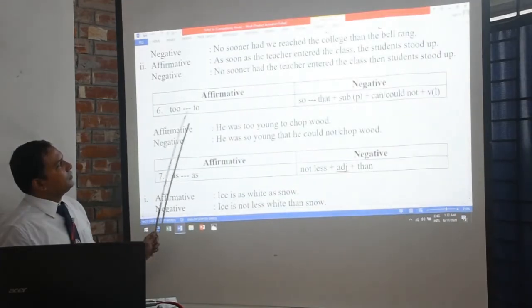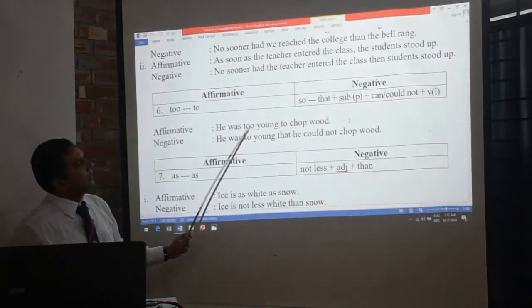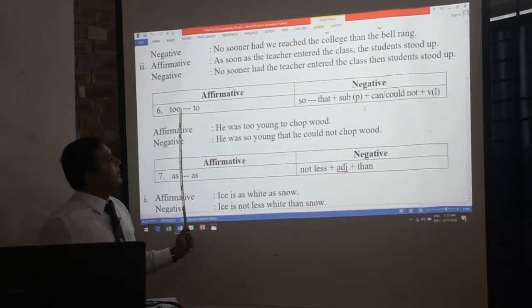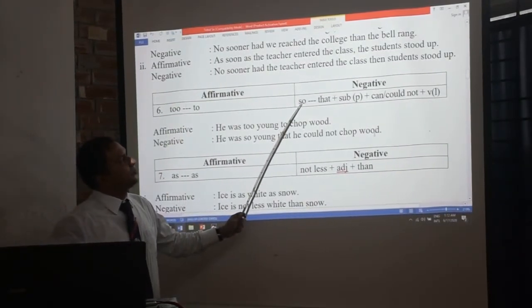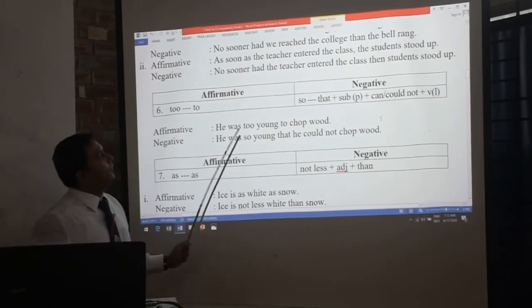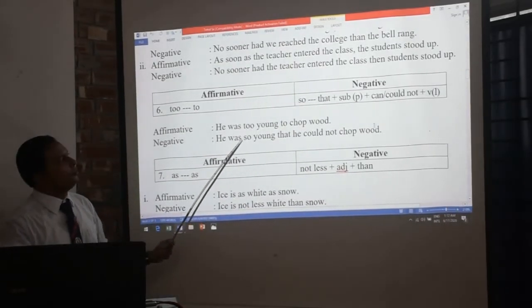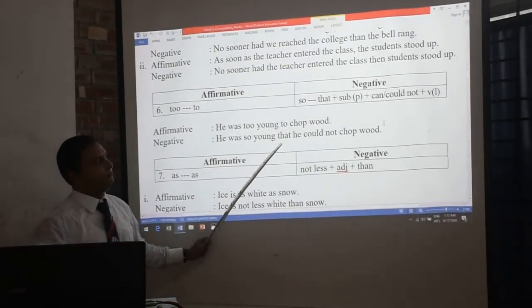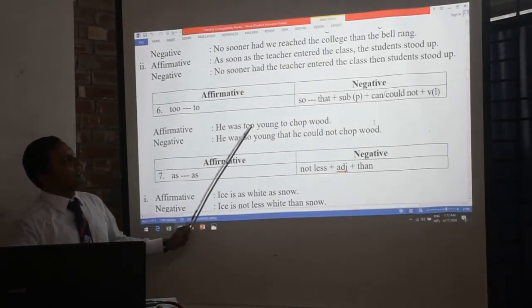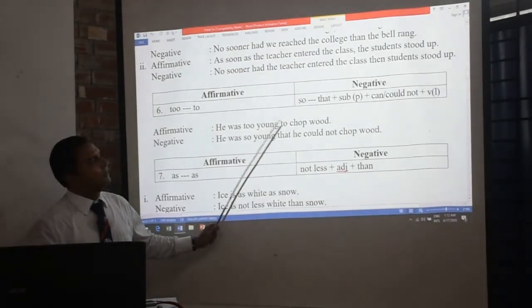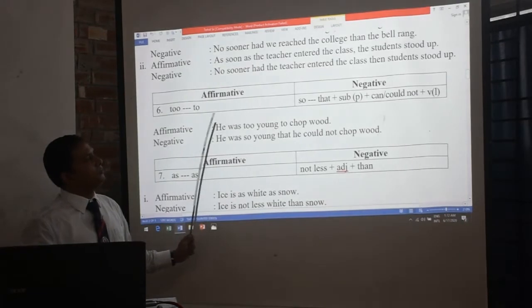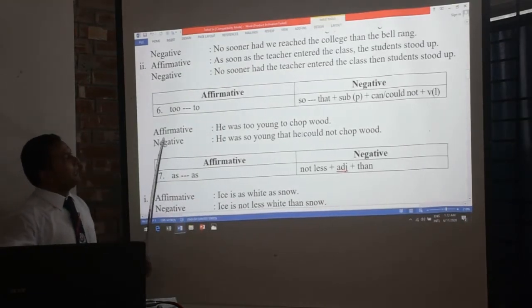If you see "too" and "to" in a sentence, you have to change it by "so" and "that." For "too," you have to use "so," and for "to," you have to use "that." He was too young to chop wood. In this sentence, "too" and "to" have been used. So what will be the negative form?